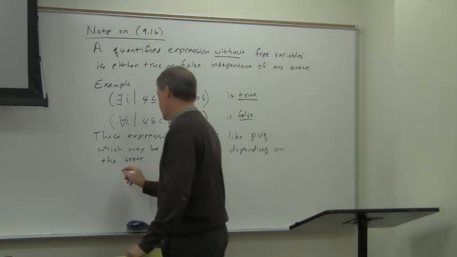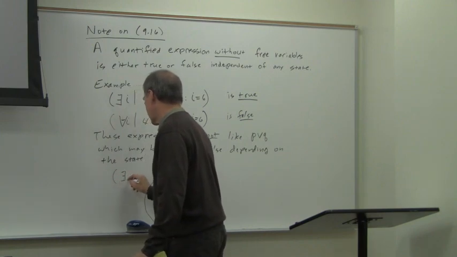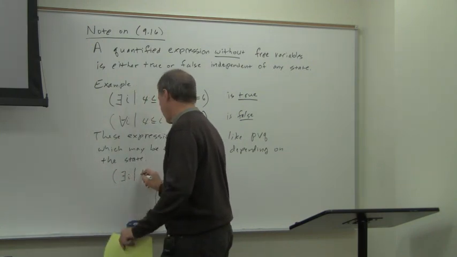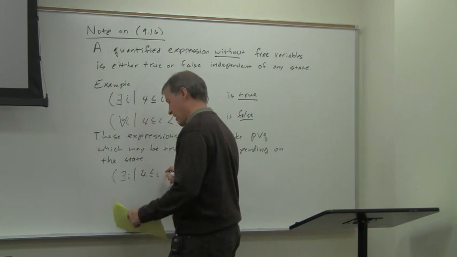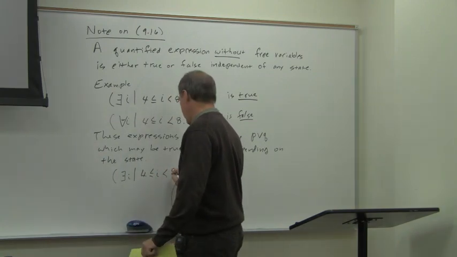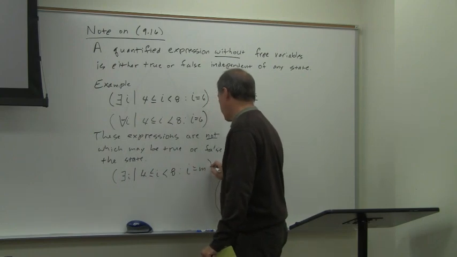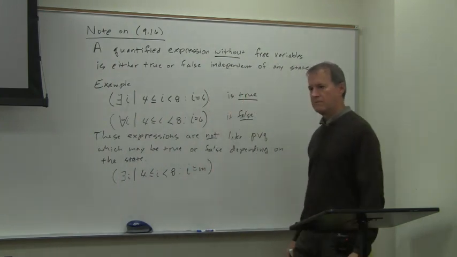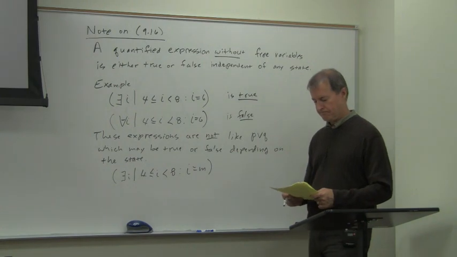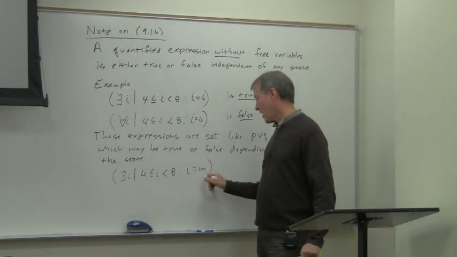How about this? There exists an i in the range 4 less than or equal to i less than 8, body i equals m. Well, it depends what state m is in. Because why? Because m is a what?